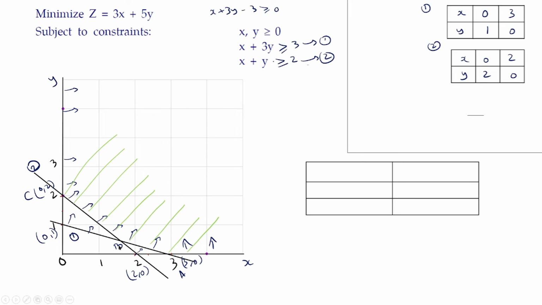Now we have to find the coordinates for B. B is the point of intersection of these two equations. So if we solve these two equations, we will be able to find the coordinates for B. So let us solve these two. All these can be done in the rough.